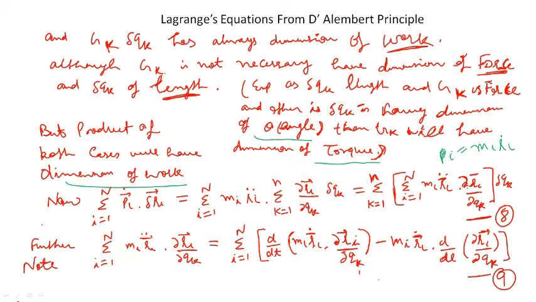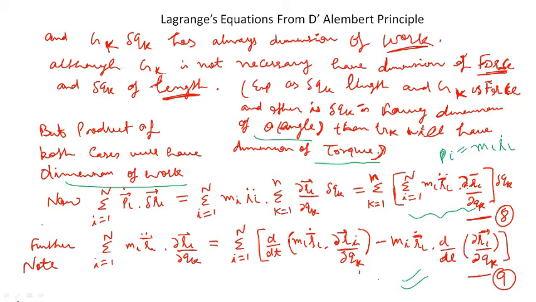Now we can write this term sigma i is from 1 to capital N mi ri double dot into del ri over del qk as equation number 9. How can we write this term as equation number 9?